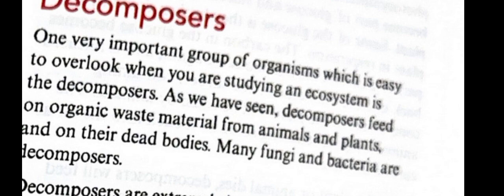We can say that the decomposers feed on the organic waste material from plants and animals. So when they die, bacteria and fungi feed on those organisms, and they cause the breakdown of those organisms. In this way they easily decompose under the ground. Examples of them are the fungi and bacteria.